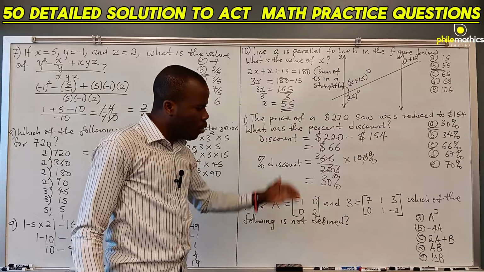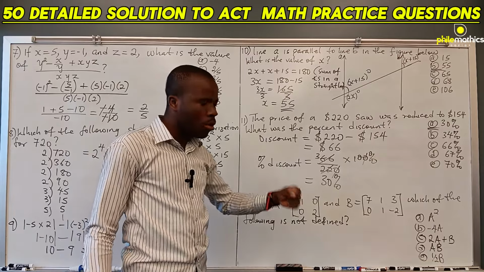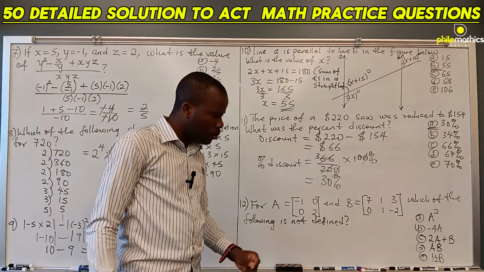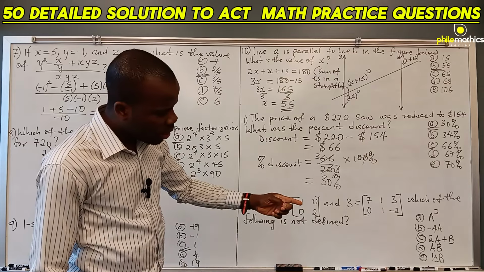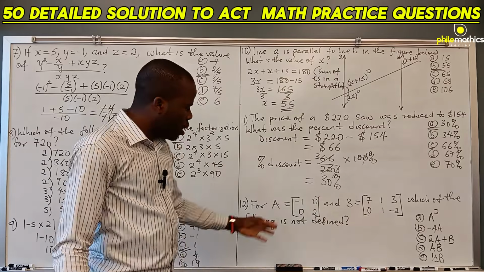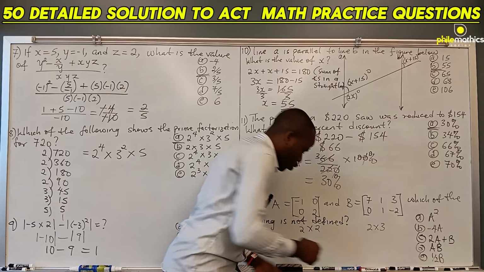This one we'll call constant multiplication. We can multiply a matrix by a constant. C is not correct because matrix A and matrix B are of different sizes. So matrix A is a 2 by 2 matrix and matrix B is a 2 by 3 matrix.